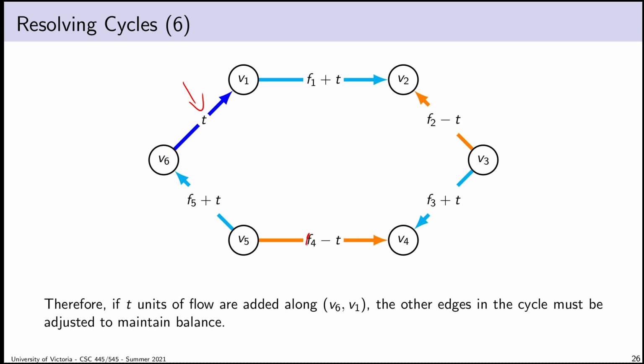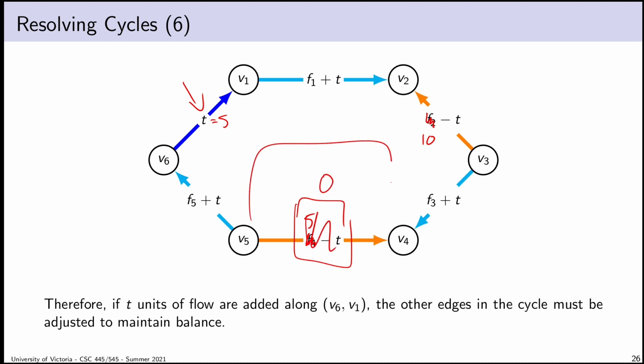So if F4 was equal to 5 and F2 was equal to 10, clearly this is going to go negative first. As t gets bigger and bigger, this is going to go negative before this does. And so the maximum value I can give to my variable t, such that all edges remain feasible, is I could set t to be equal to 5. And that would make this whole thing 0, which means I could pick this arc up and yank it out of the basis.